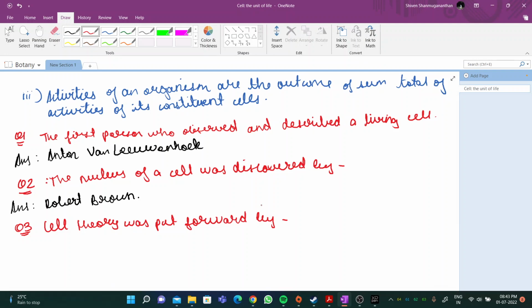Two names synonymous with cell theory will be Schleiden and Schwann. Now, I don't think it's necessary to memorize the first names, but I have it memorized just in case. It's Matthias Schleiden and Theodor Schwann, but I will just write Schleiden and Schwann. Answer: Schleiden and Schwann.